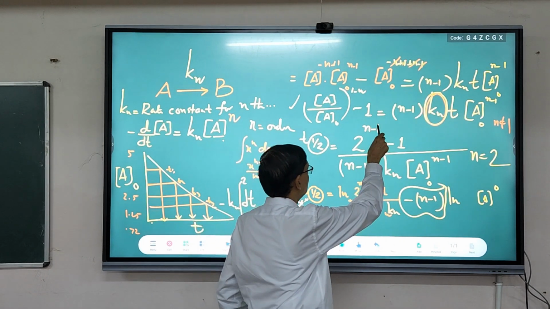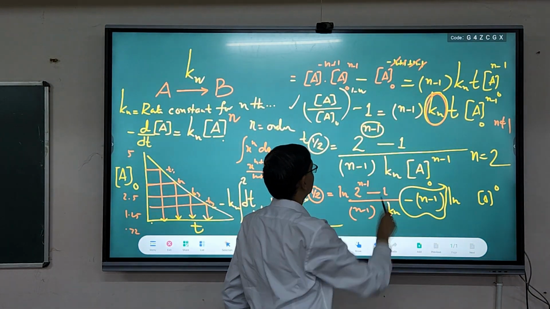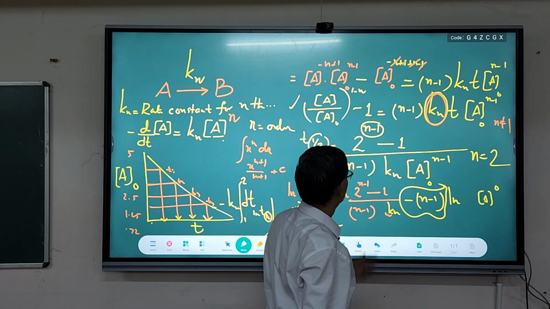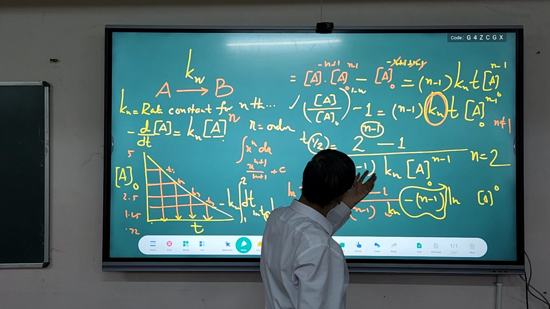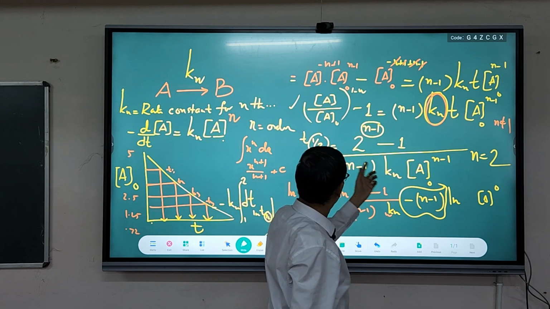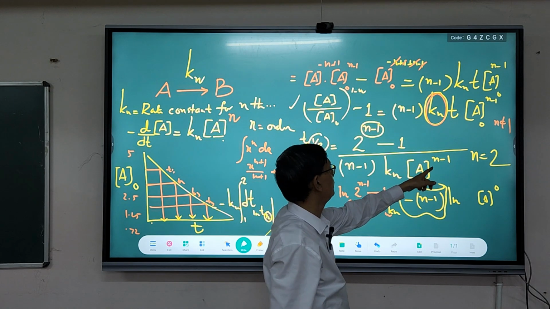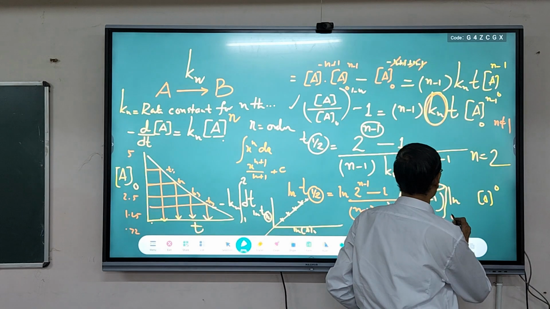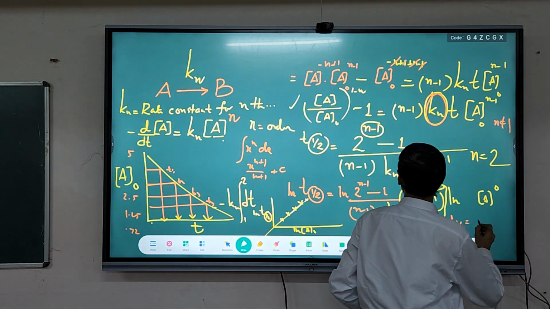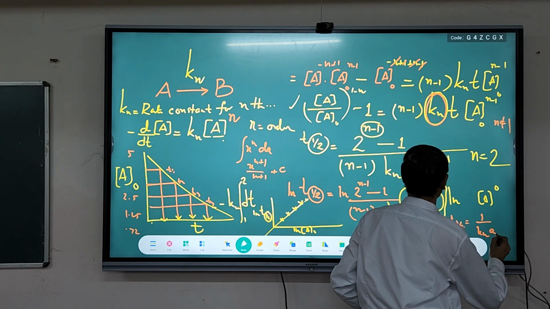So what I will do: 2 minus 1 is 1, n minus 1 is 2 minus 1, so the half-life is inversely proportional to Kn and A0, again 2 minus 1 is 1. So you will get a simple thing, you check from your book: 1 over rate constant and A0, whatever it is.